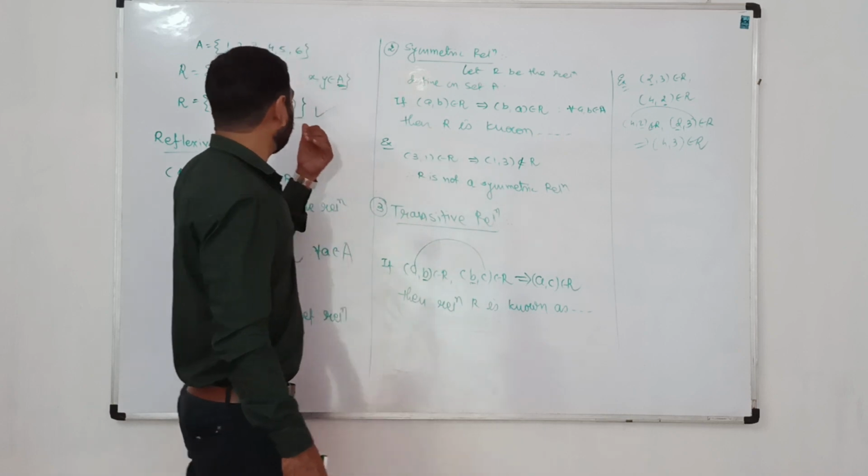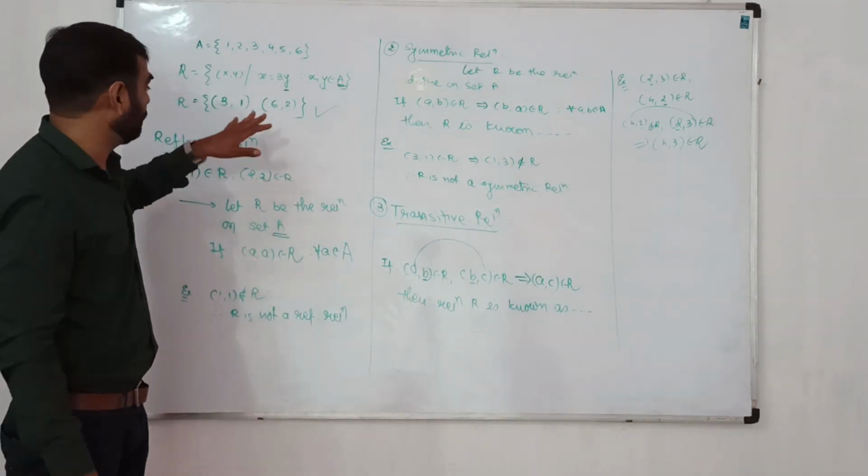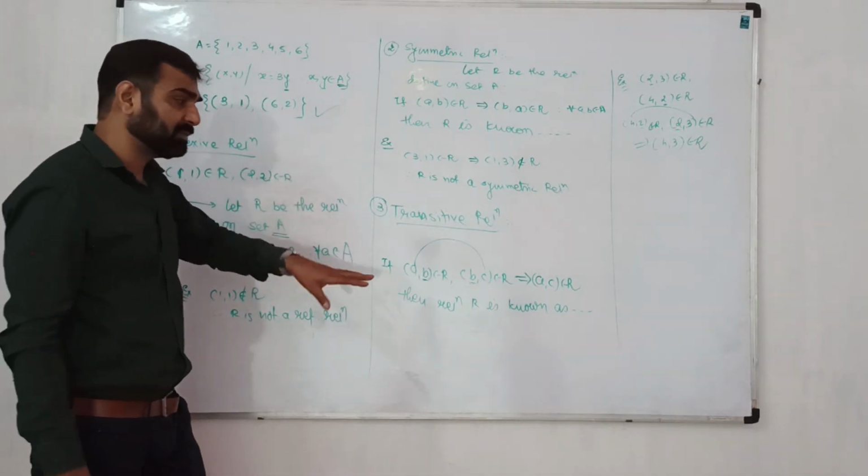Okay, in this case no digit is repeated. Once again, look here, no digit is repeating, that's why it is transitive.